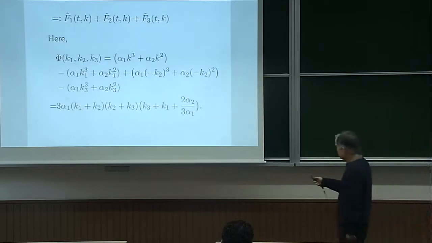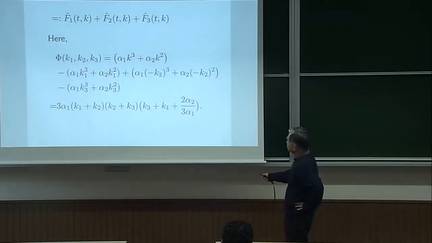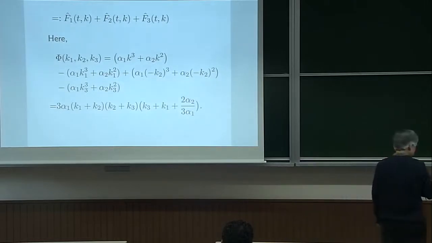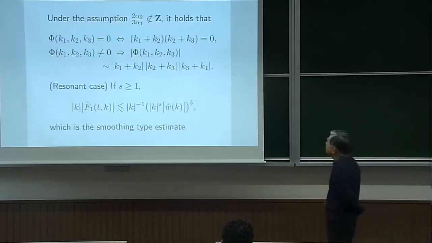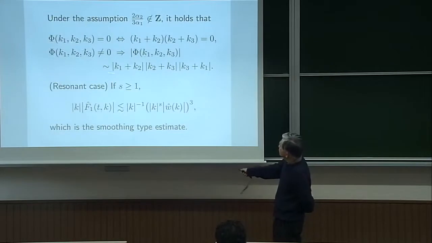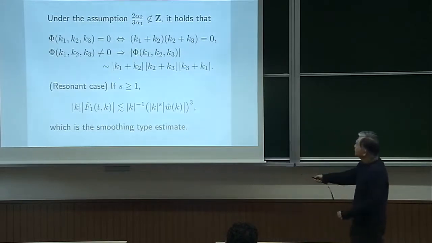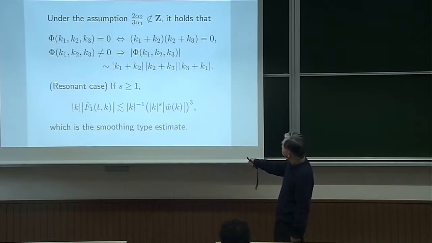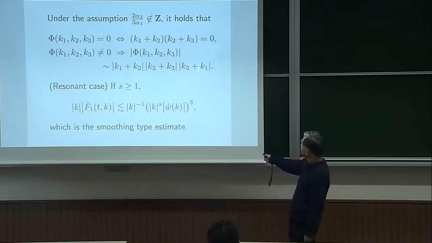Because under the non-resonant condition, this factor is not 0. By this observation, if function phi does not vanish, then the modulus of function phi is similar to the modulus of K1 plus K2 times K2 plus K3 times the modulus of K3 plus K1.